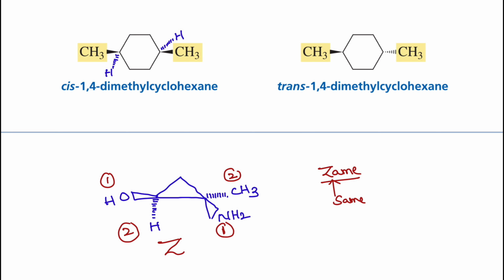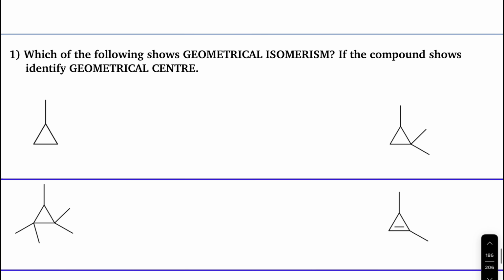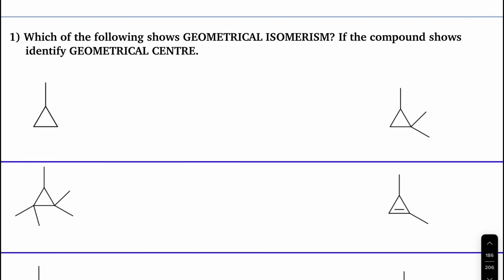This is the basic condition. I have so many molecules. Let us apply the condition and check whether geometrical isomerism is possible or not. You see here sp3, sp3, sp3, but here both are hydrogens, here both are hydrogens, here one is methyl, another one is hydrogen.